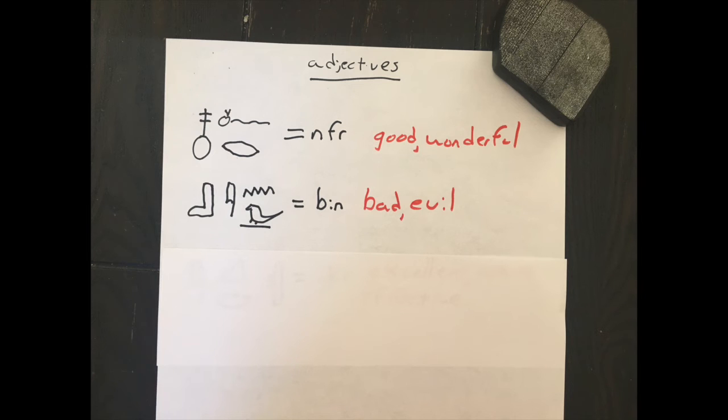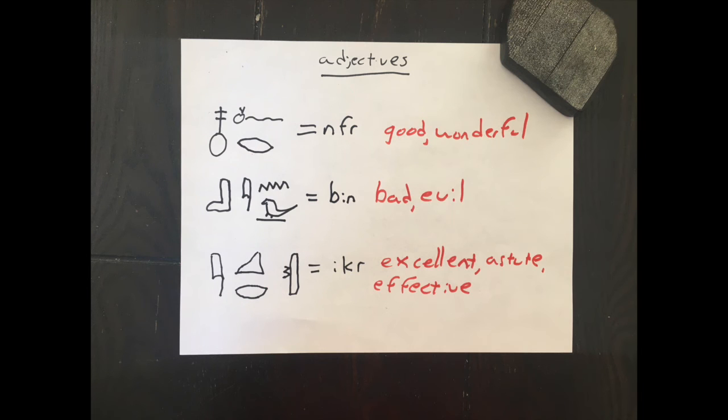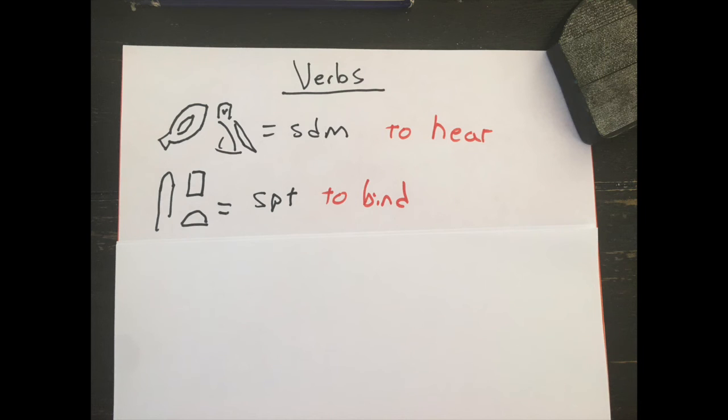There's our little weak bird again, which also means bad or evil. So again, any word that has that as the last letter, that's a clue that you're dealing with a word that means bad, evil, or small. And then now we have ikker, excellent or effective, astute. And you'll notice it ends with the determinative of the papyrus because that is a thing. Being excellent is a description, is a thing.